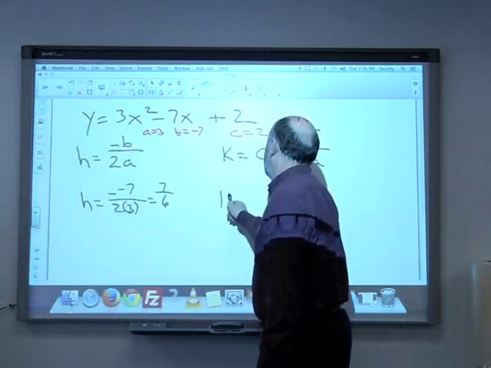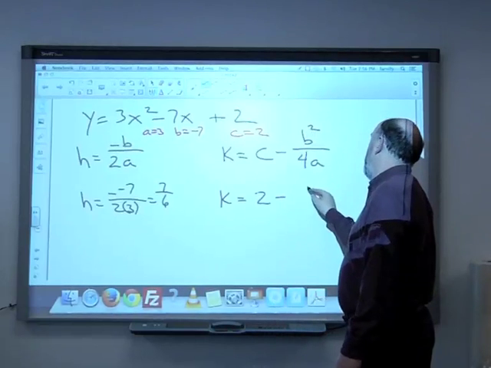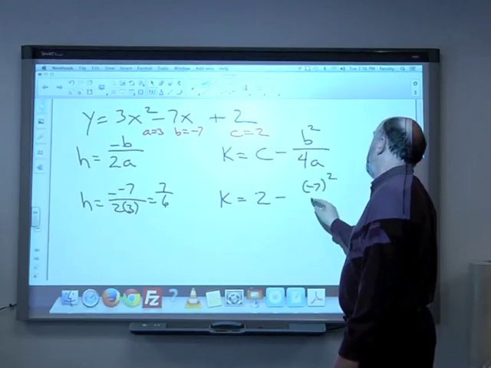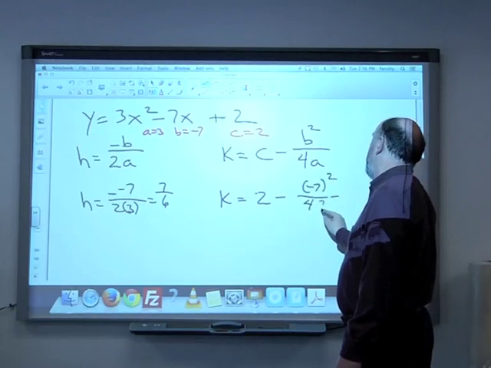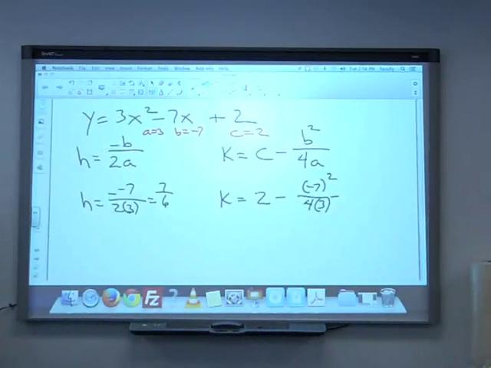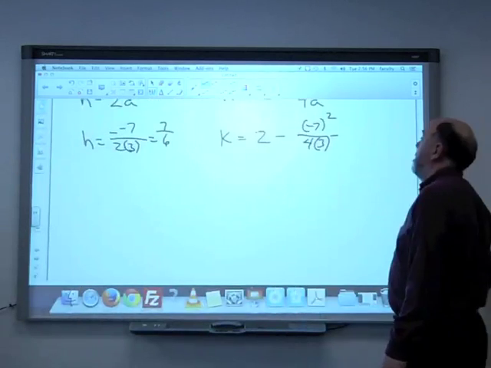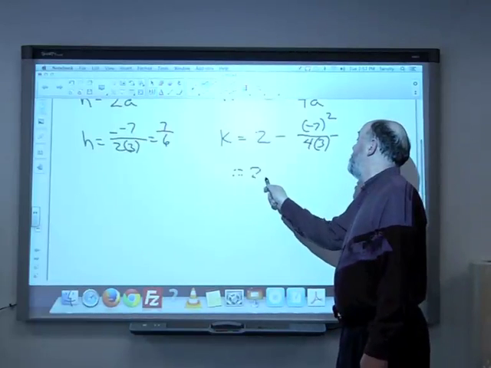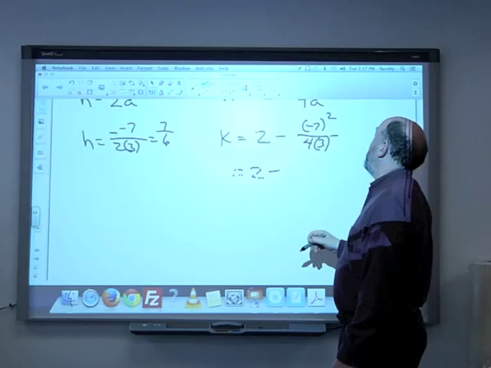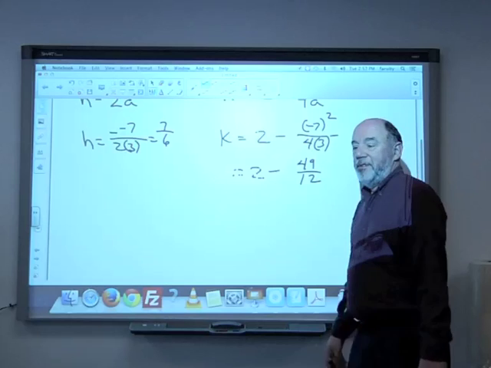For this one, k is going to be 2 minus -7 squared over 4 times 3. Now it's a matter of number crunching that part out. So this will be 2 minus 49 over 12.